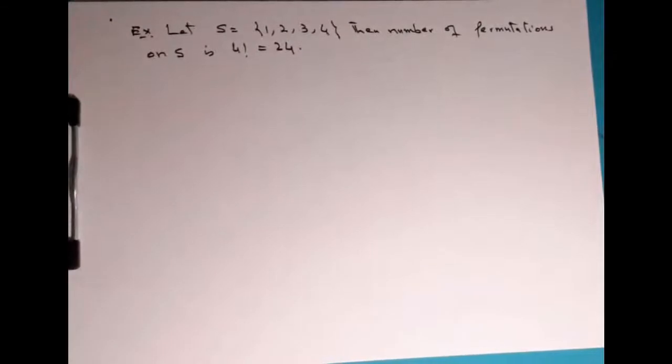So number of permutations on 4 elements is equal to 24. 4 into 3, 12 into 2, 24. And similarly, number of permutations on 5 elements, on 6 elements, and so on.